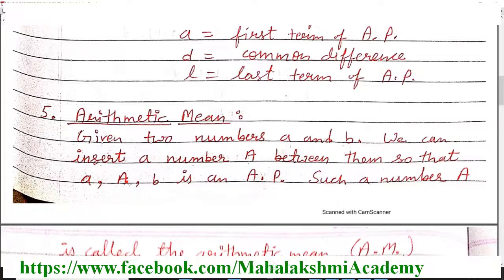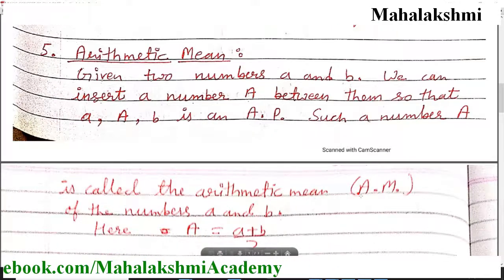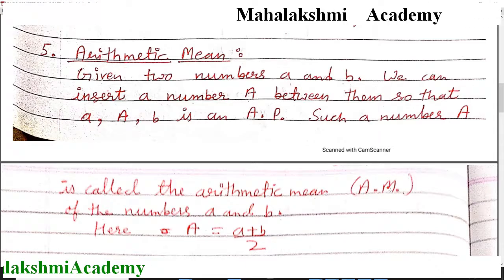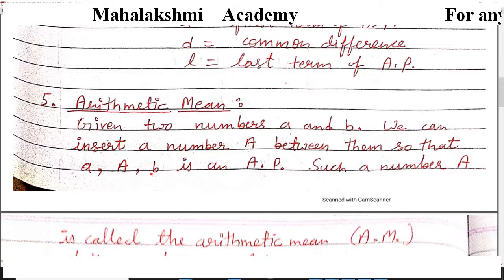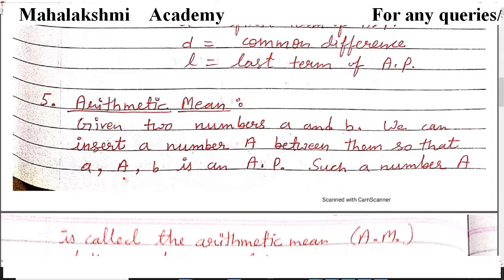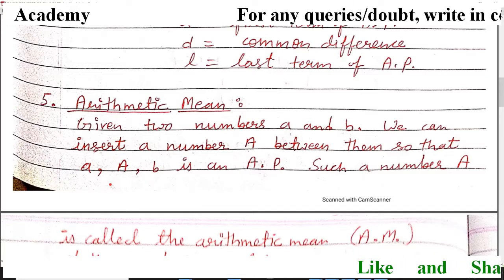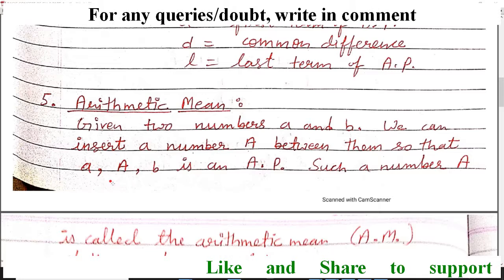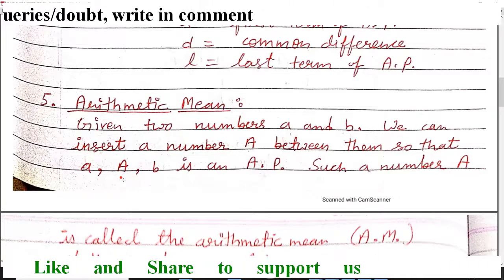Such a number A is called the arithmetic mean. The short form of arithmetic mean is AM. So if we have two continuous numbers in AP and we introduce another number between them such that these three terms again come in an AP, then this capital A is named the arithmetic mean.